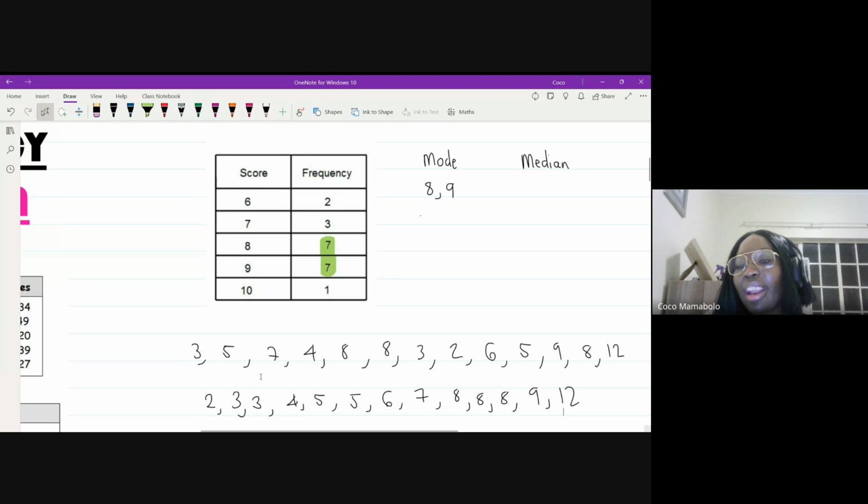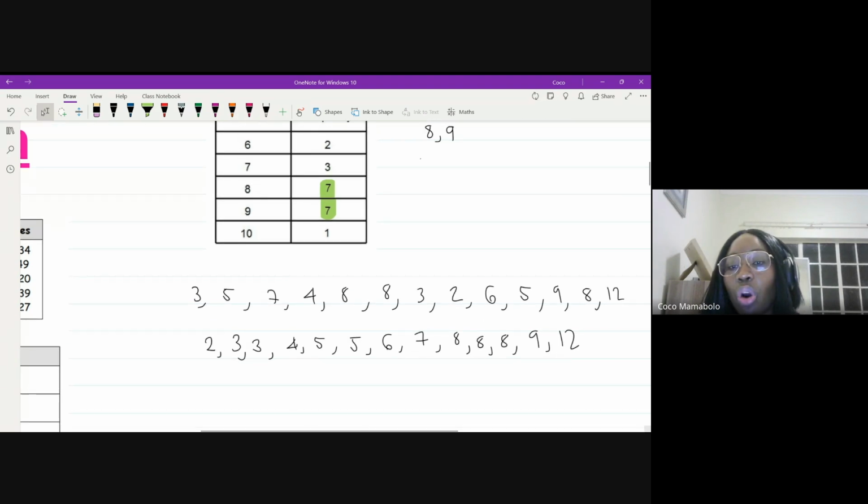Now that I've arranged it, we can look for the number that's sitting right in the middle. Which number is sitting in the middle of all of this data? Let's look for the number straight down the middle. Is it 5? Let's see. We can do this in order: that one, that one.